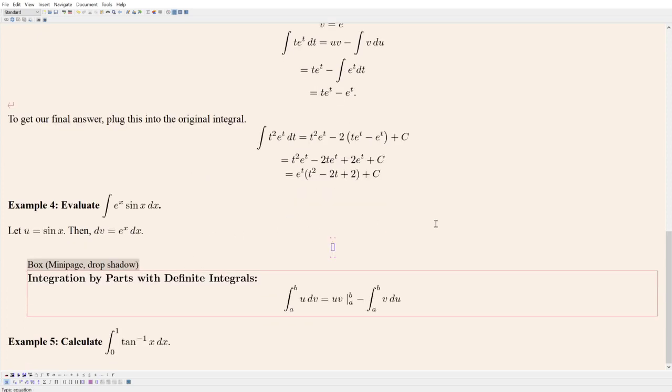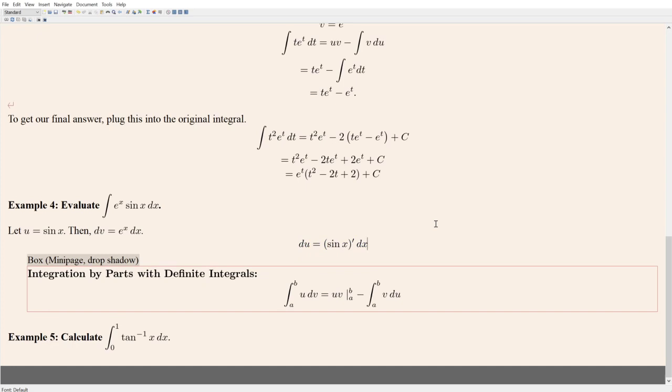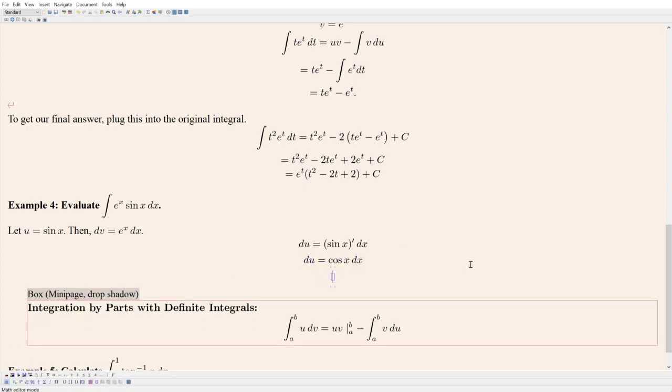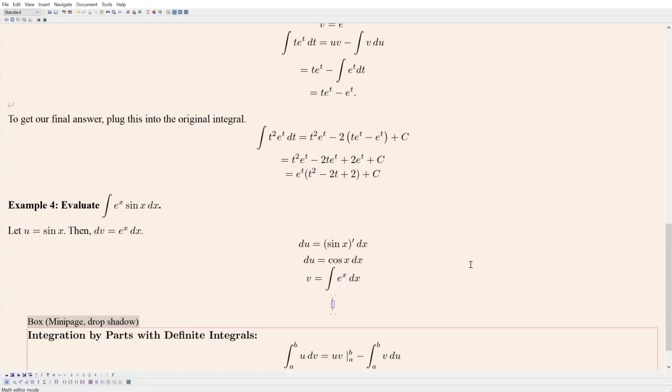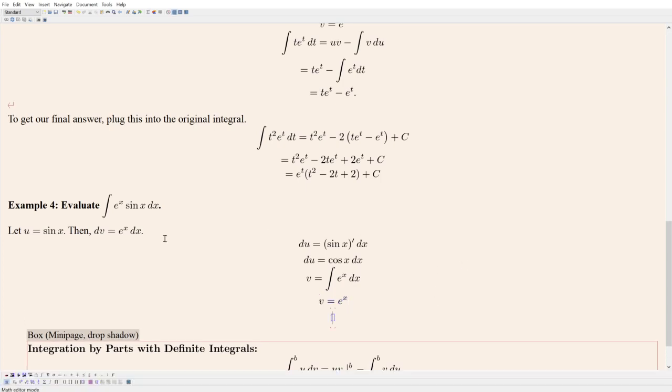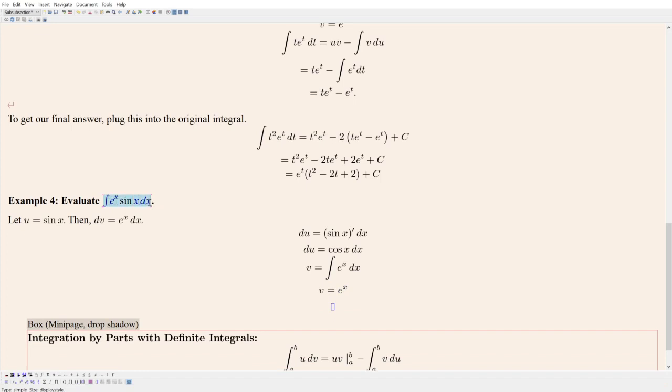Now let's fill out the checklist. du is the derivative of sine dx. The derivative of sine is cosine. As for v, it is the antiderivative of dv, so that's e to the x, and once again, that is unchanged. Okay, so now let's fill in the data.